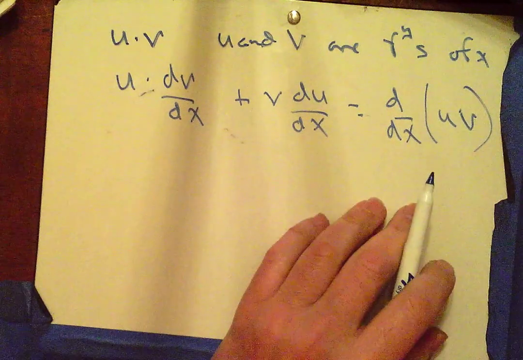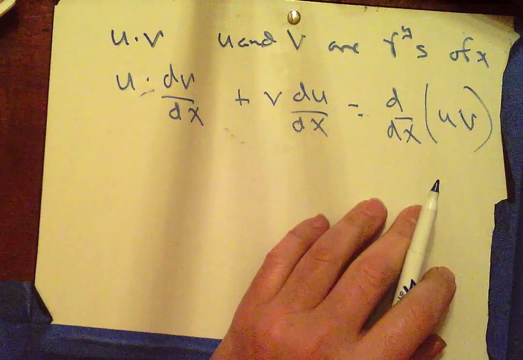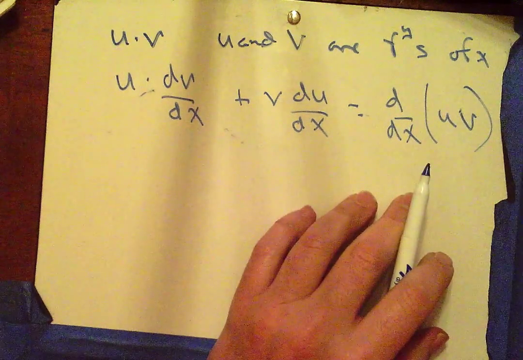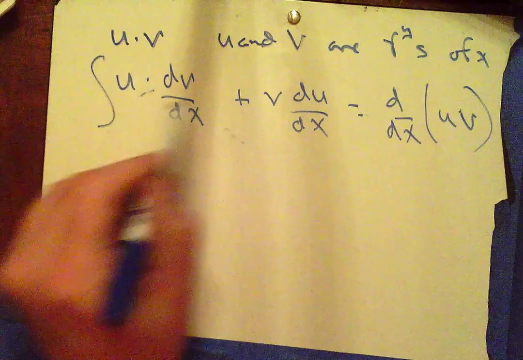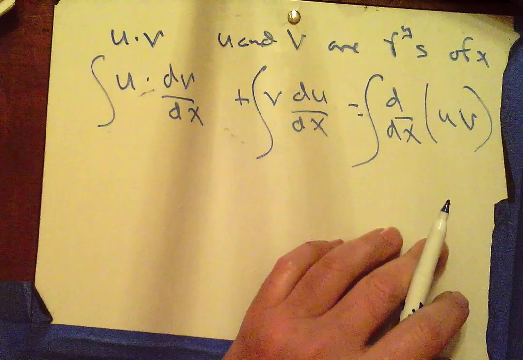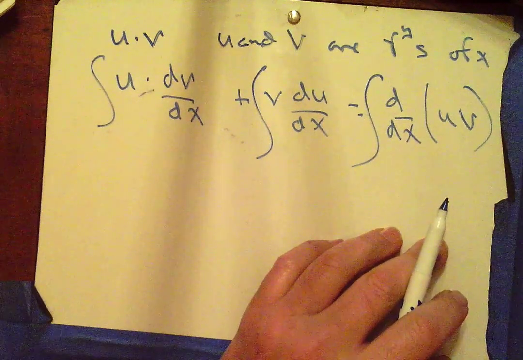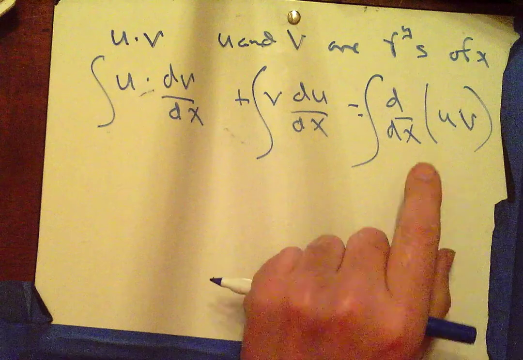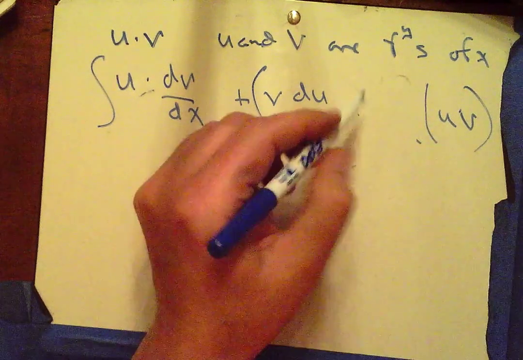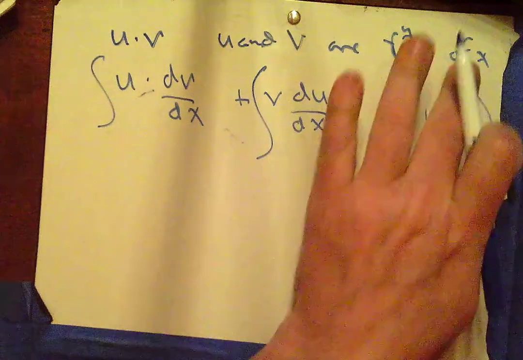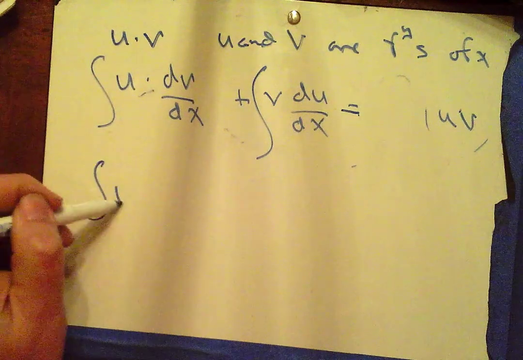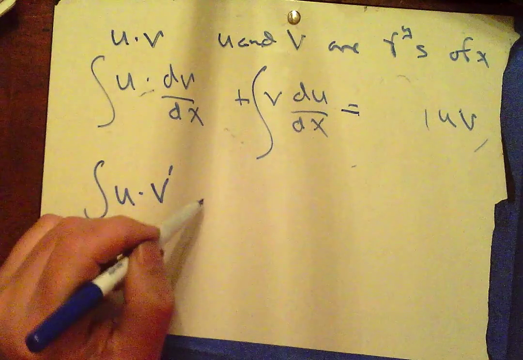Great. So where does that bring us? Well, I kind of want to take the integral of both sides. I know, why would I do that? So there I am, integrating all these bits. Integral, derivative, they undo each other. So I've got just u times v over here. dv dx, well, you might be more comfortable calling that v prime.